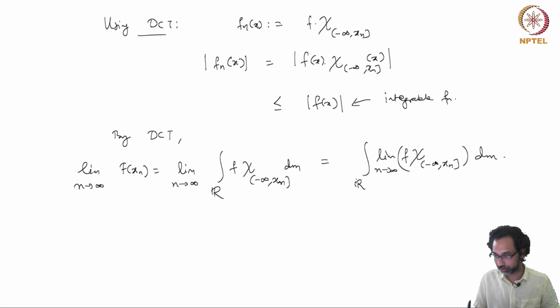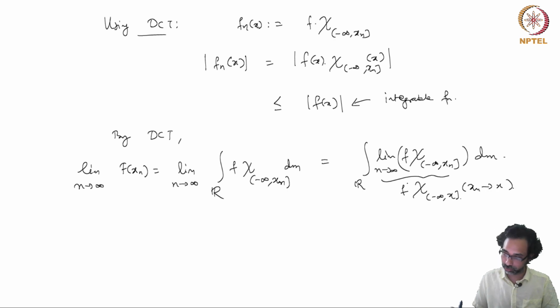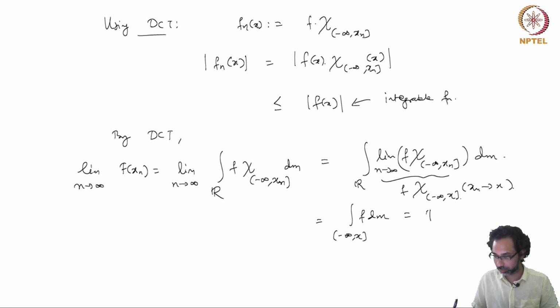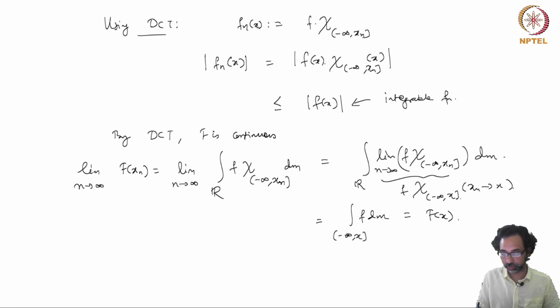But this is nothing but f times chi of minus infinity to x, because xn converges to x, so the indicator function of minus infinity to xn converges to that of minus infinity to x. And so this is nothing but the integral from minus infinity to x of f dm, and this is exactly F(x). So we see that F is continuous.